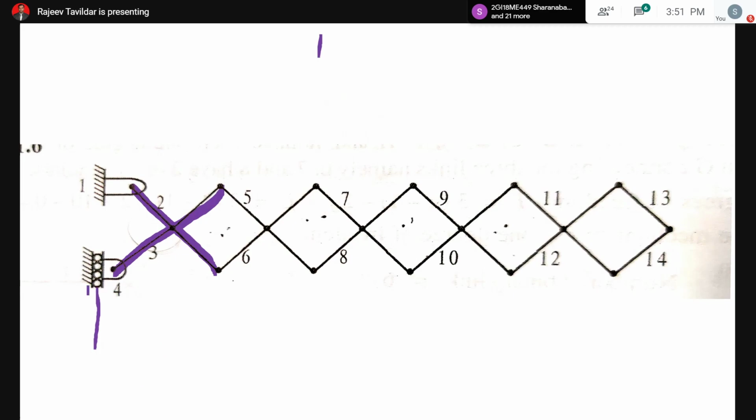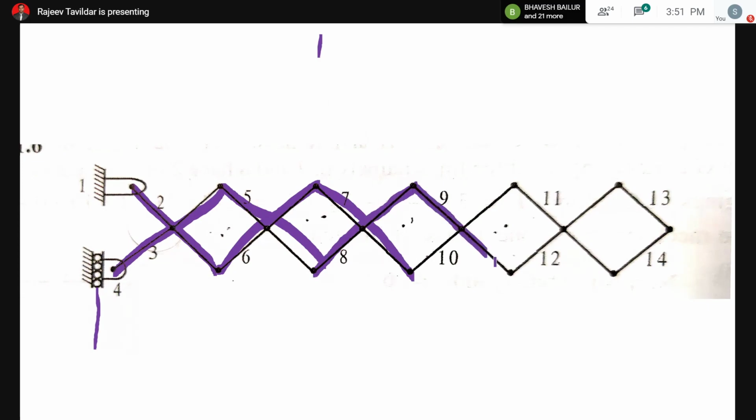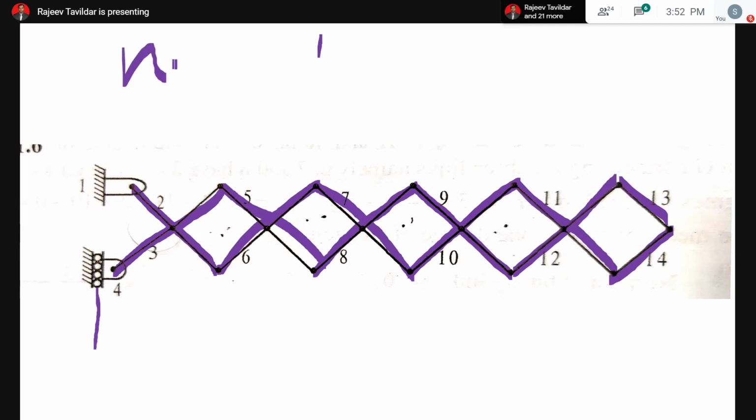So your fourth link is this one. Similarly, we have the fifth link over here, sixth link over here, seventh over here. This is 8, 9, 10, 11, 12, 13, and 14. So altogether there will be 14 links. So I've got n equal to 14.